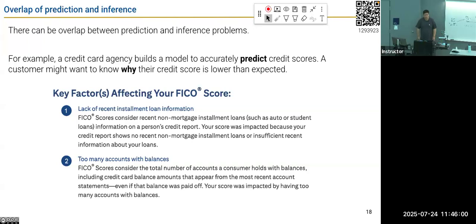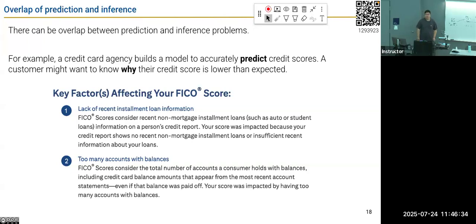But in doing so, they also want to offer you some explanation of, say, why your credit score is lower than expected. The predicting part is prediction, but explaining why your credit score might be lower than expected, that's inference. So sometimes you need both, and the inference part is often what people care about more in certain scenarios, like credit score.